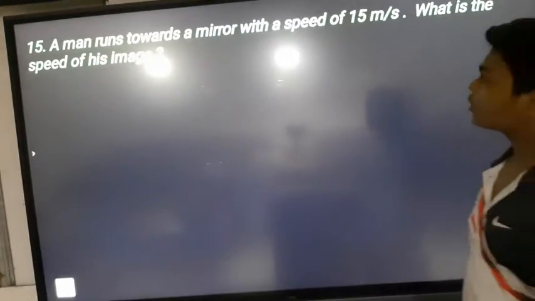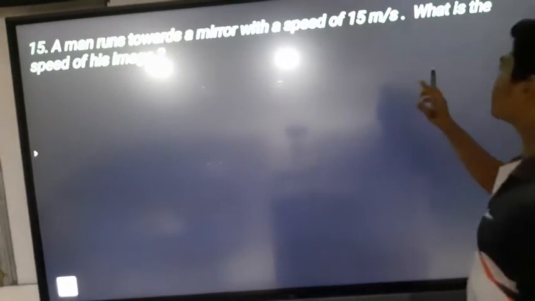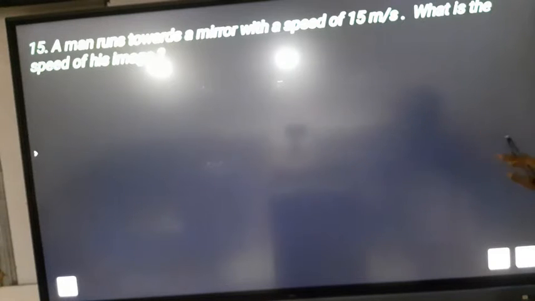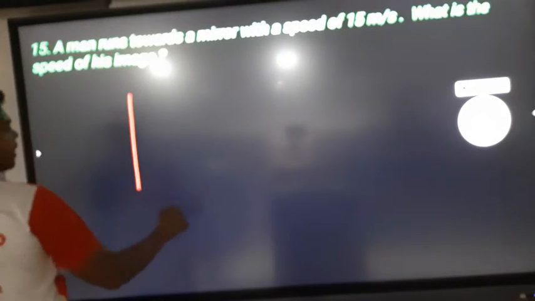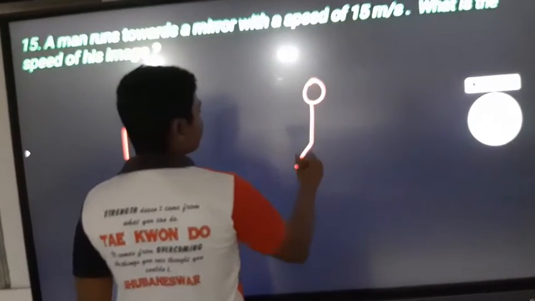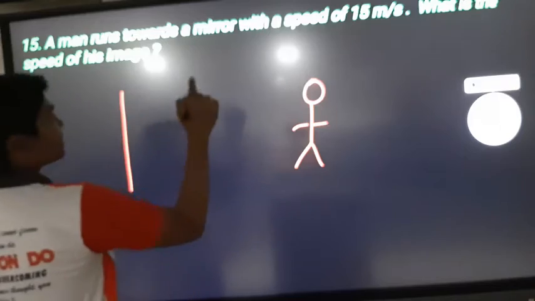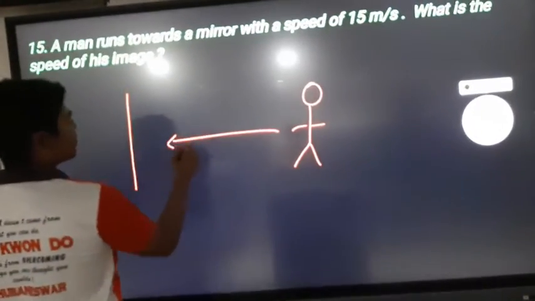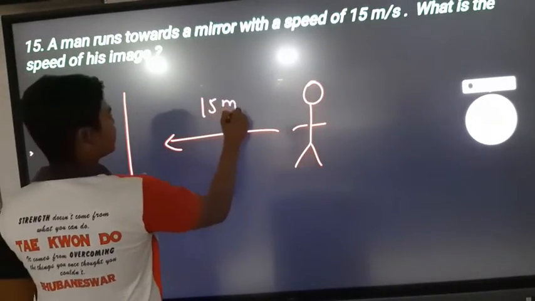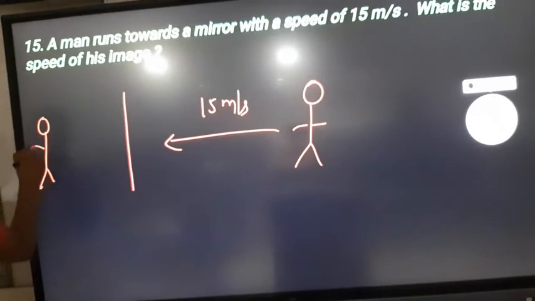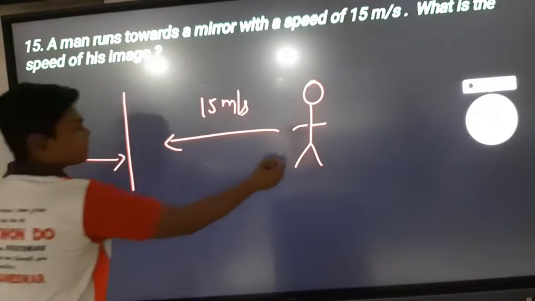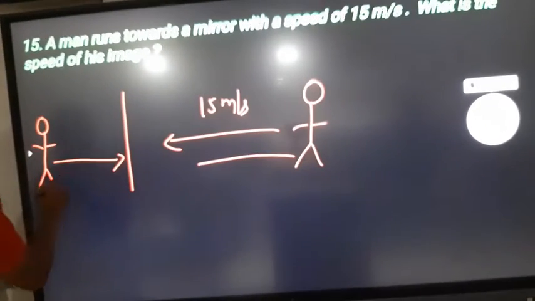Let's see the next question. A man runs towards a mirror with a speed of 15 meters per second. What is the speed of his image? Here a plane mirror is given and a man is standing, running at a speed of 15 meters per second. When the image is formed, the distance the man travels, the image travels the same distance in the same time.